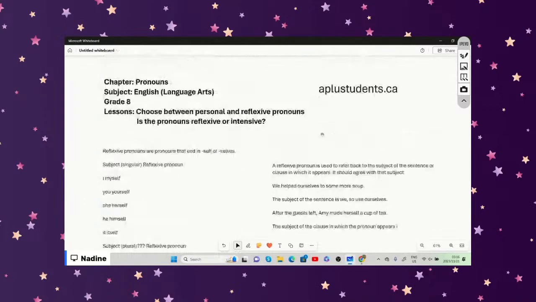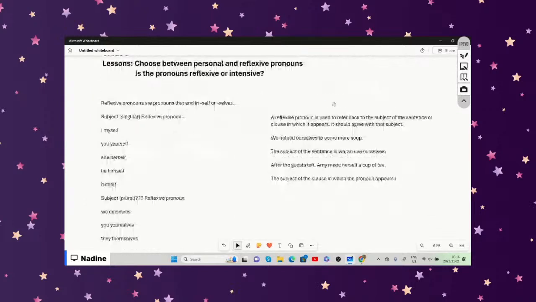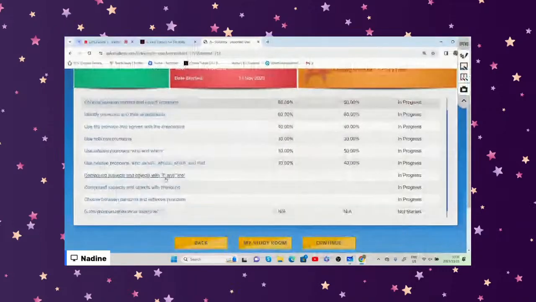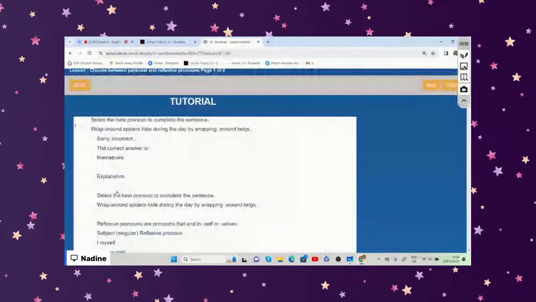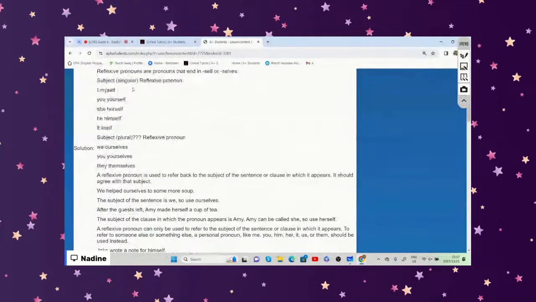So we are now going to go to aplusstudents.ca, and then we're going to choose between personal and reflexive pronouns, as well as identify whether the pronoun is reflexive or intensive. We literally went over reflexive pronouns that end in self or selves.